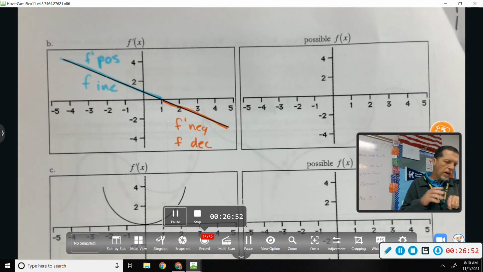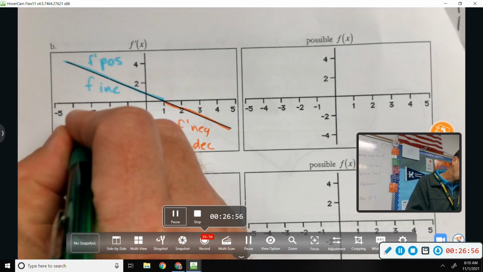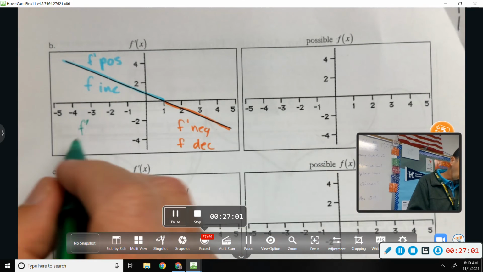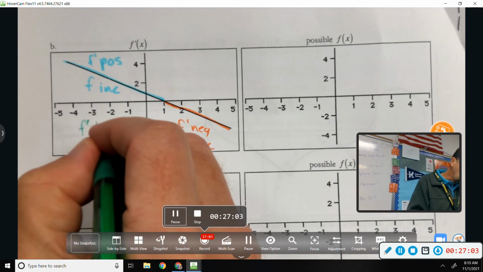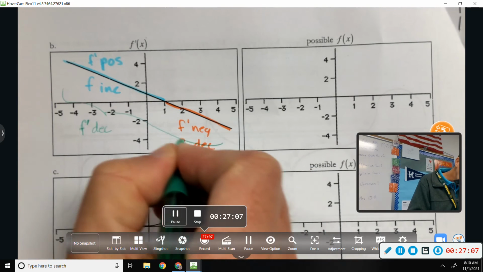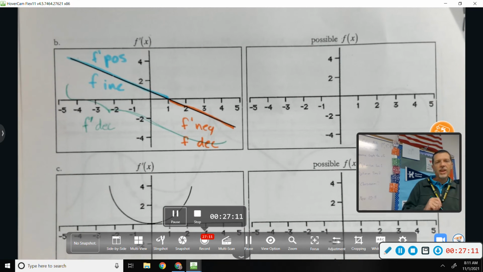What about, say something else about f prime on this side of things. So I know it's actually the whole way. F prime is decreasing the whole way. If f prime is decreasing, what does that tell me about f? It's concave down.